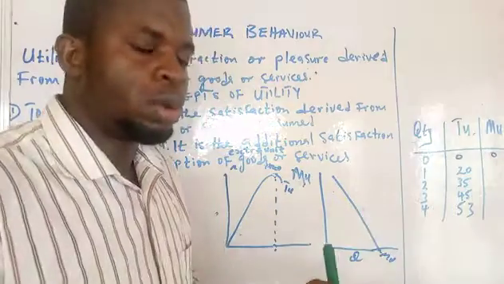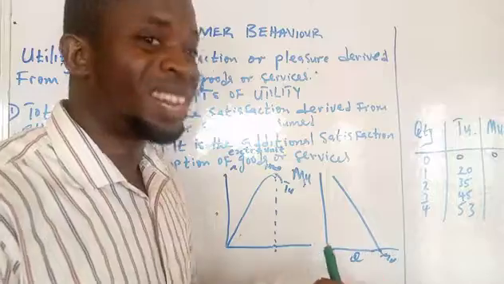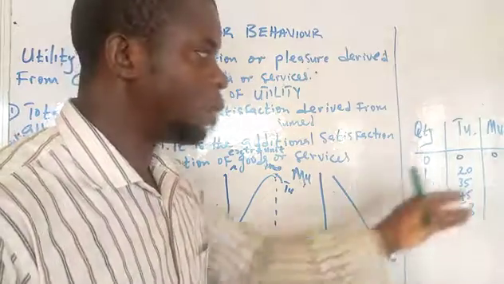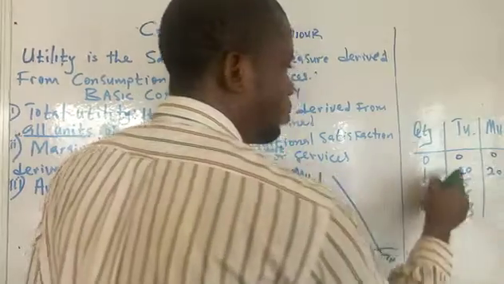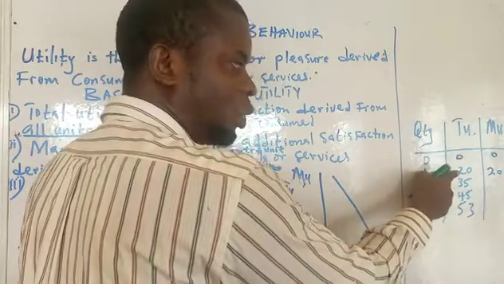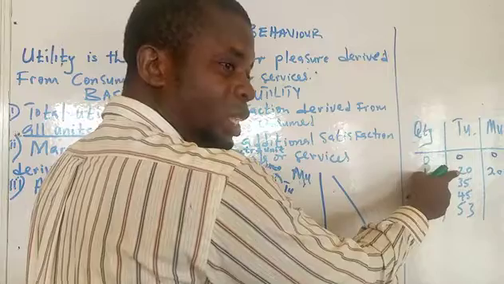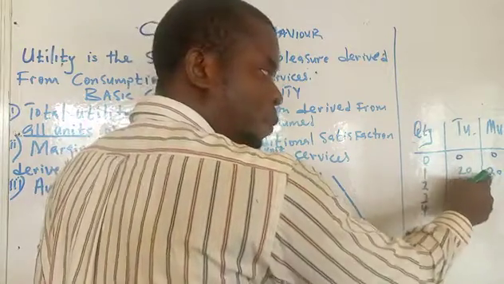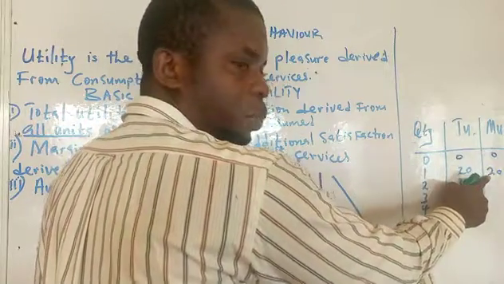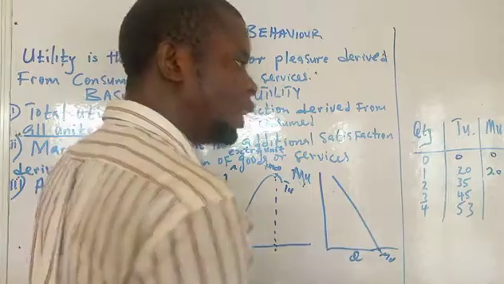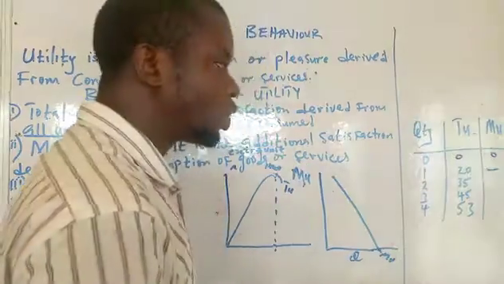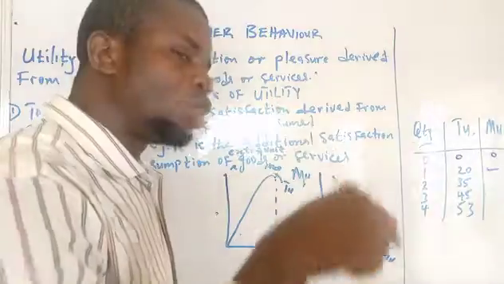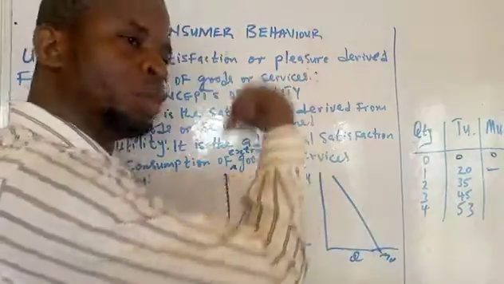We have 2 approaches to this. One is realistic and the other is not realistic. Some textbooks will tell you that the marginal utility here is 20, that any first satisfaction you get, any first total utility you get, is going to be your marginal utility at the first point. But some textbooks will tell you that no, your marginal utility will still be dashed here, because you can only have additional marginal utility when you have consumed previously.